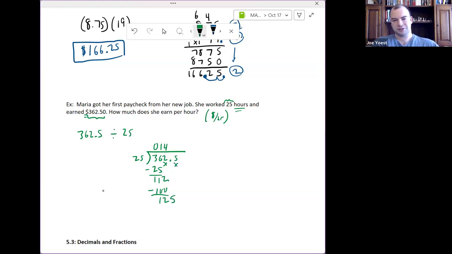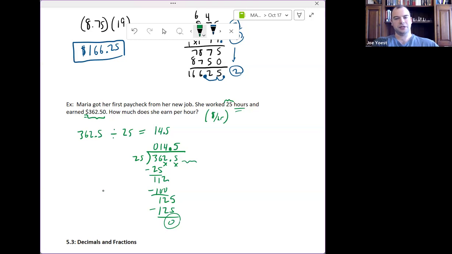I'll bring down my 5. I see I've run into my decimal point. Let me bring that up. Does 25 go into 125? Yes, it does. 5 times. 5 times 25 is 125. Subtract, I get 0. Nothing else to bring down. 0 remainder. I'm done with my long division now.